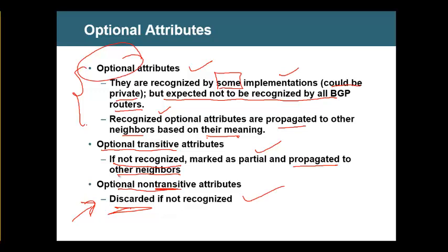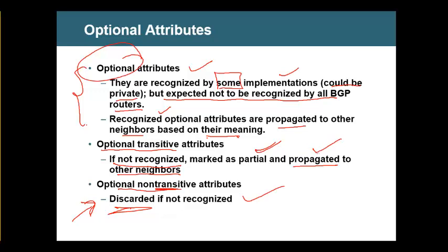Optional means not well-known, not everyone knows it. If it is seen, a meaning is given. If it is not seen, then it is considered partial, and the update is still used and propagated to other neighbors.